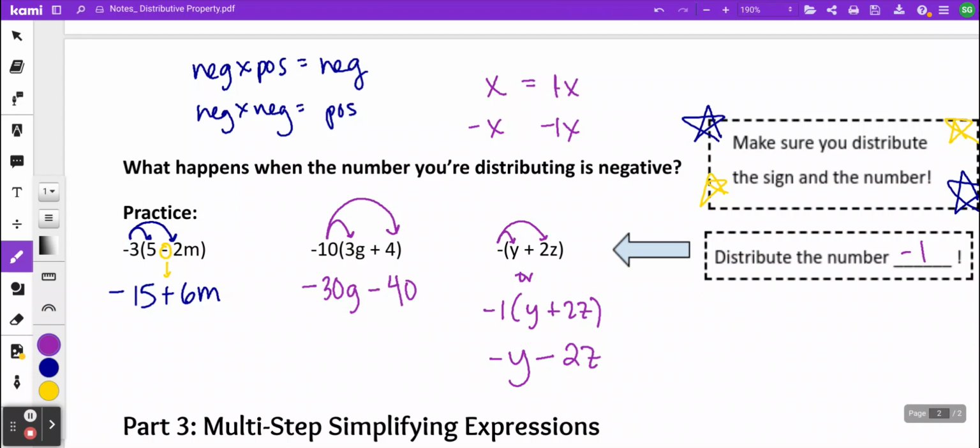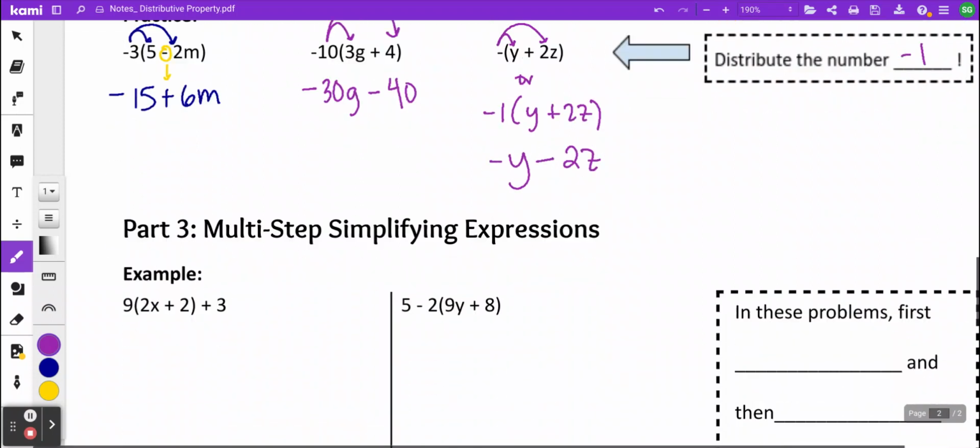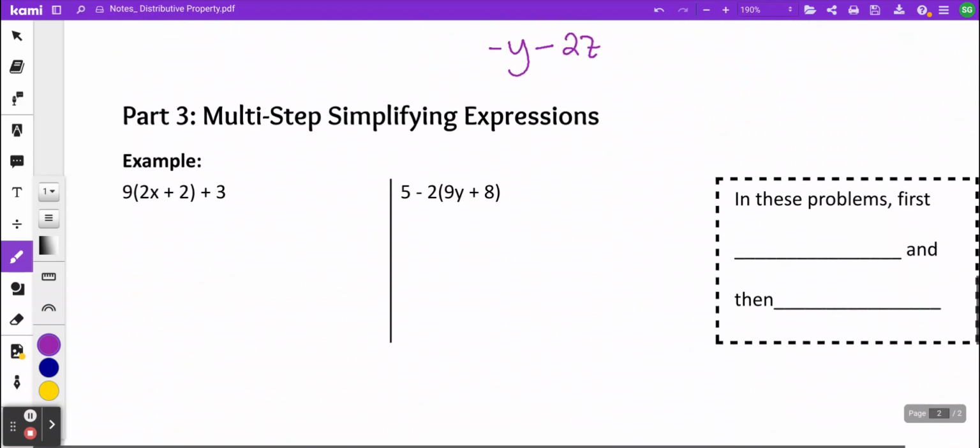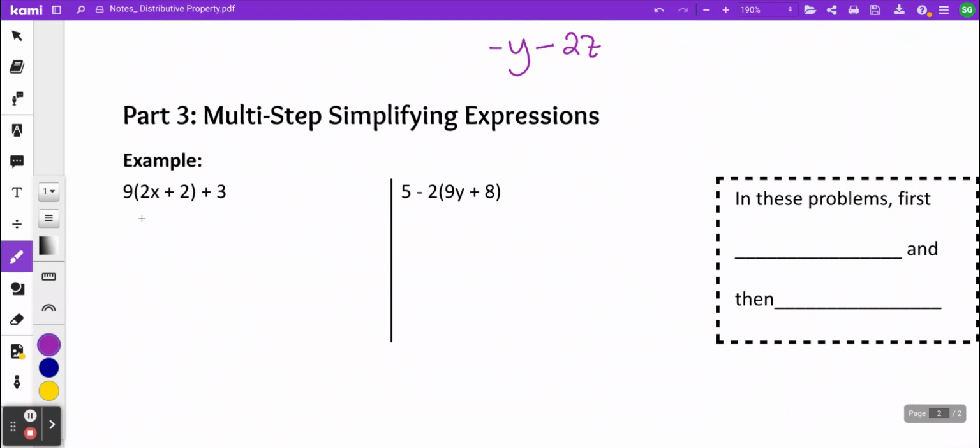Now we can make these problems a little more fun by combining what we learned yesterday and what we learned today with distributive property and looking at expressions that look something like these. Looking at this first one, it says 9 times 2x plus 2 plus 3.